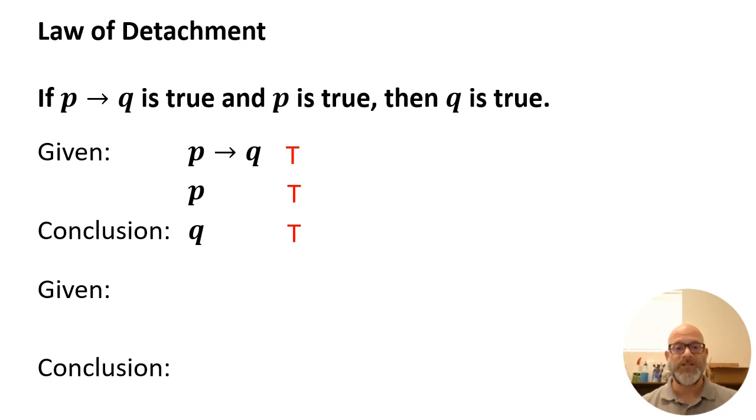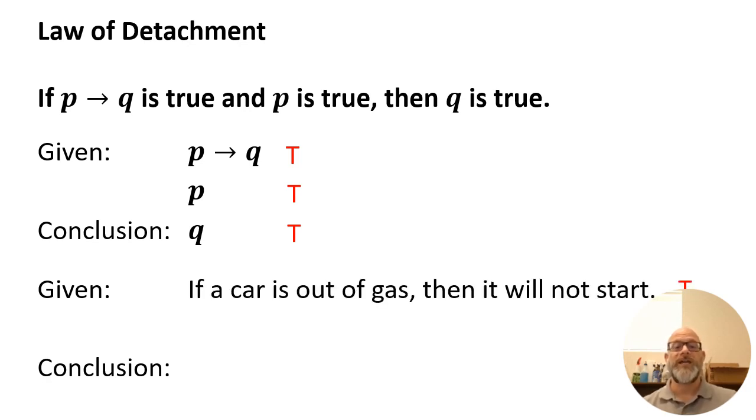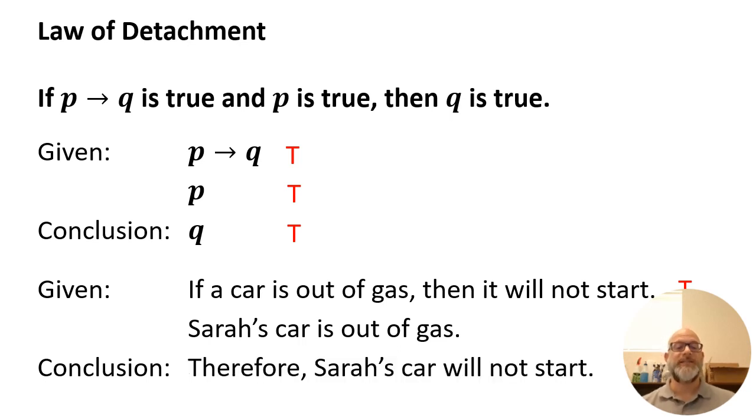That's the law of detachment. If the givens are true, the conclusion is true. For example, if a car is out of gas, then it will not start. If that's true, and Sarah's car is out of gas, then necessarily Sarah's car will not start. That will be true as well.